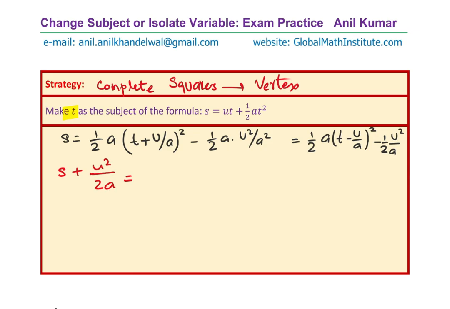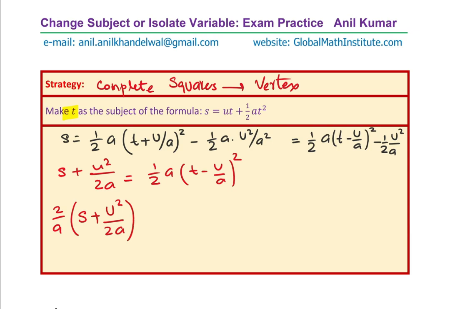Equals half a within brackets t minus u over a whole square. Now multiply by 2 over a. So we get 2 over a, s plus u square over 2a, equals t minus u over a whole square.